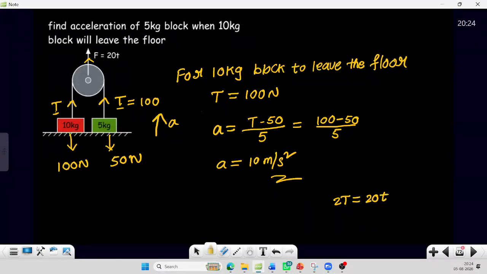The T value we got is 100, which is equal to 20t. Then how much is t? 10 seconds. Okay, time.